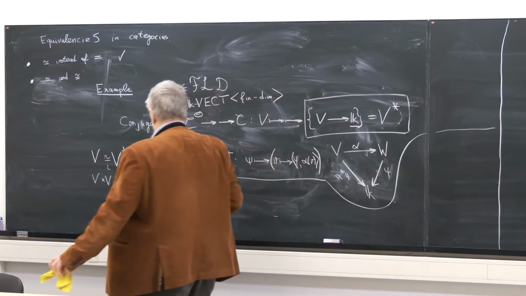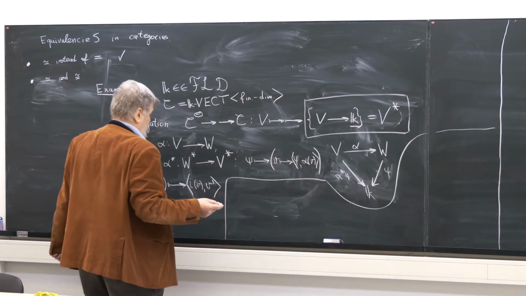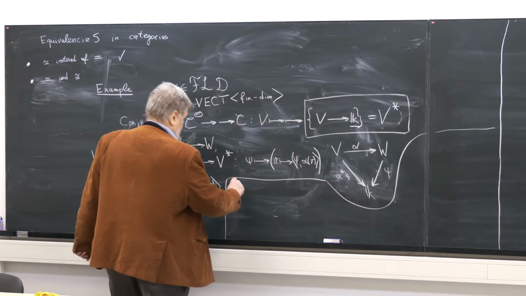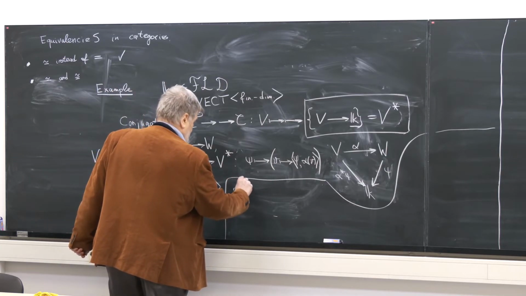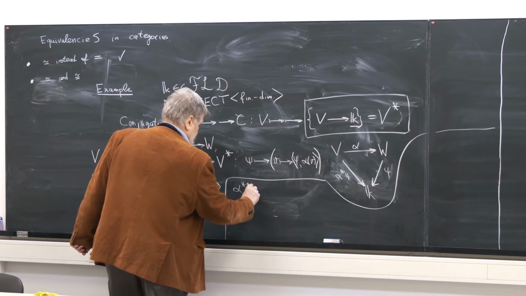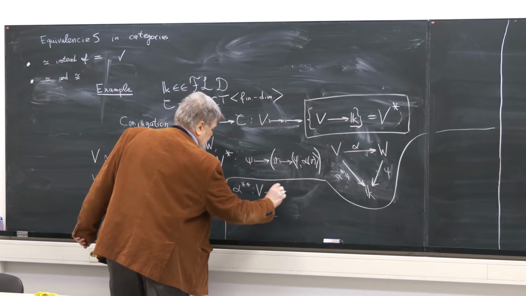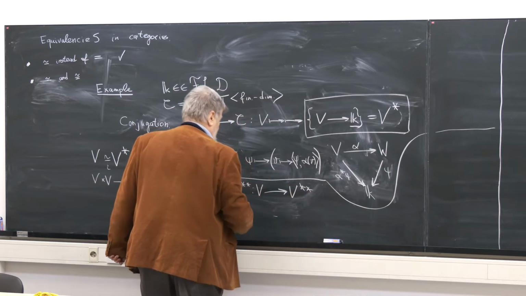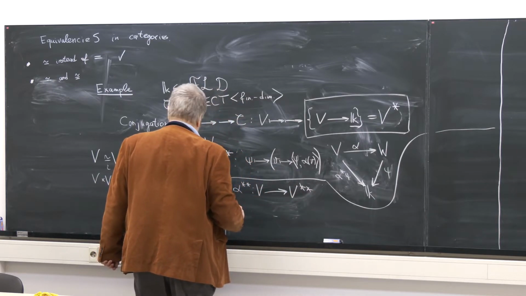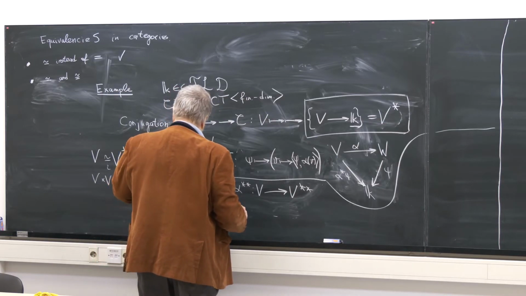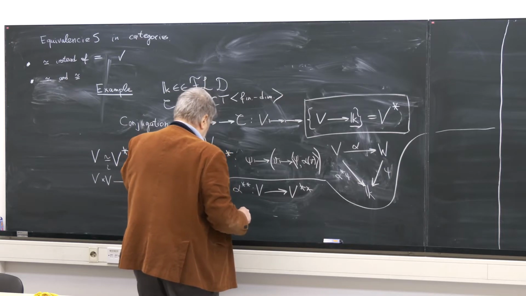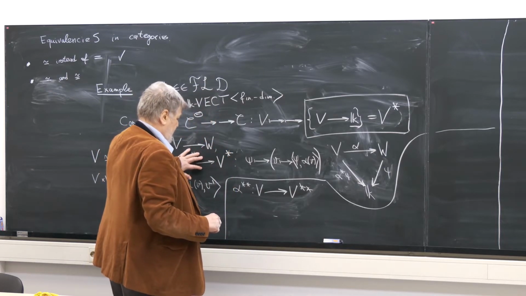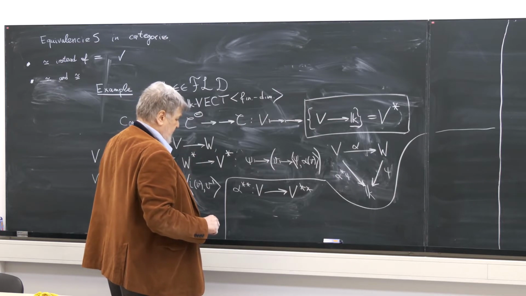If we iterate it, then we have alpha double star, V to V double star, and you check then that the double application of this defines the canonical equivalence.